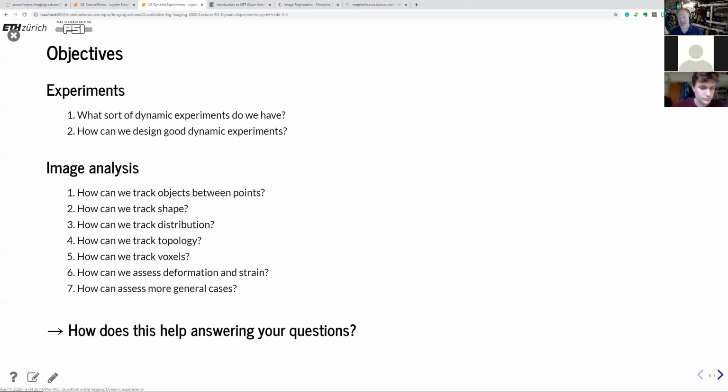Sometimes, of course, in the beginning, you need to get acquainted with data, a little bit of playing, but afterwards we have to go pretty straight on to what we are doing. So can we track objects between different points? Can we track the shape changes? Can we track distribution of different families of items, for example, or the topology?